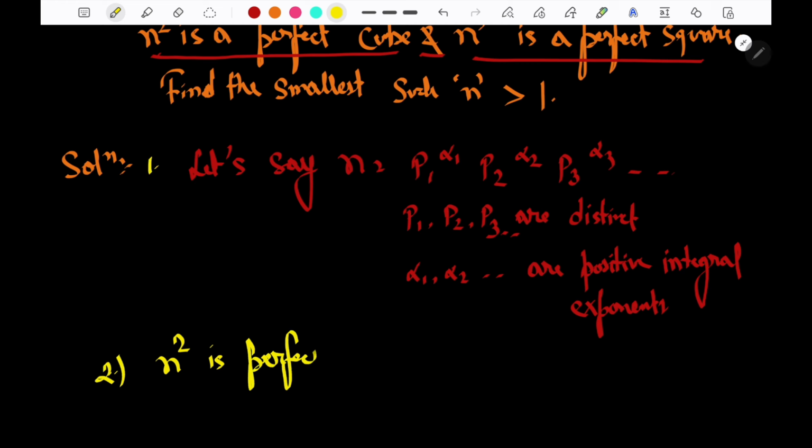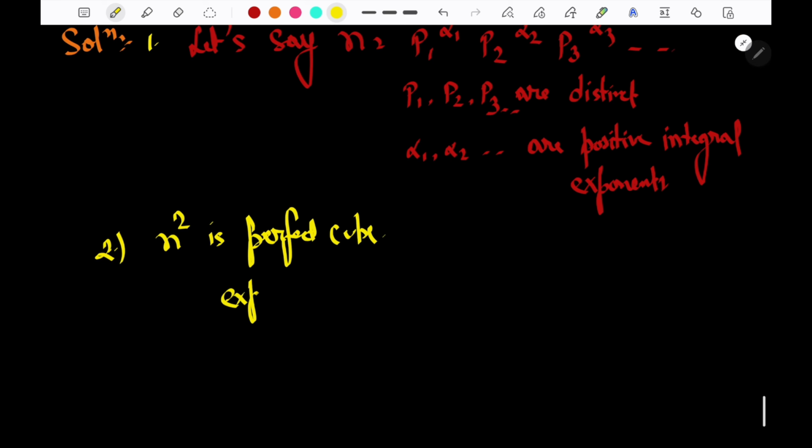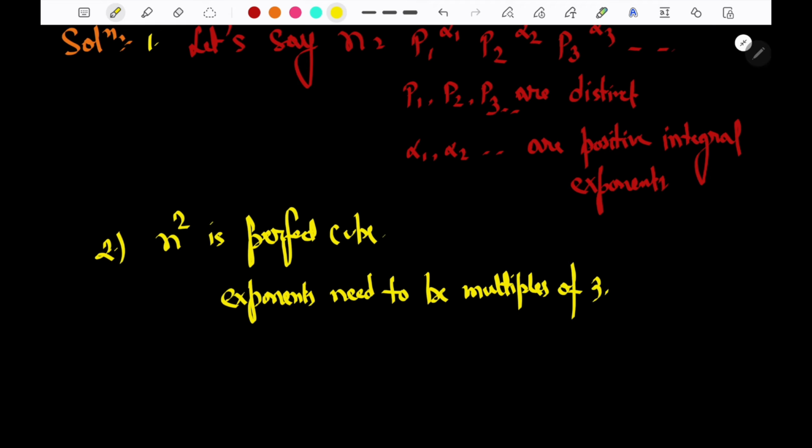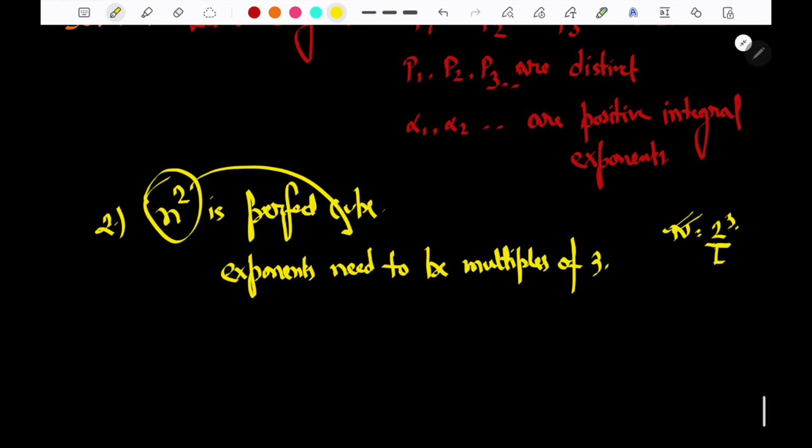So what is the condition for perfect cube? I can say exponents need to be multiples of 3. What does this mean? See here, for example, if I write n is equal to 2 cube, so this will be perfect cube. Why? Because there are 3 multiples of 2. But here it's not n. We are talking of n square.